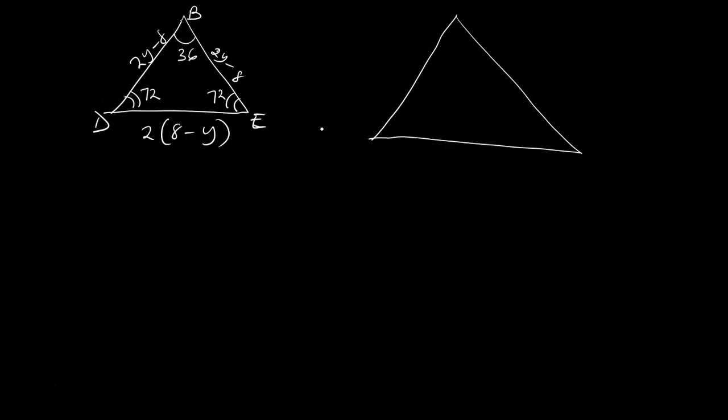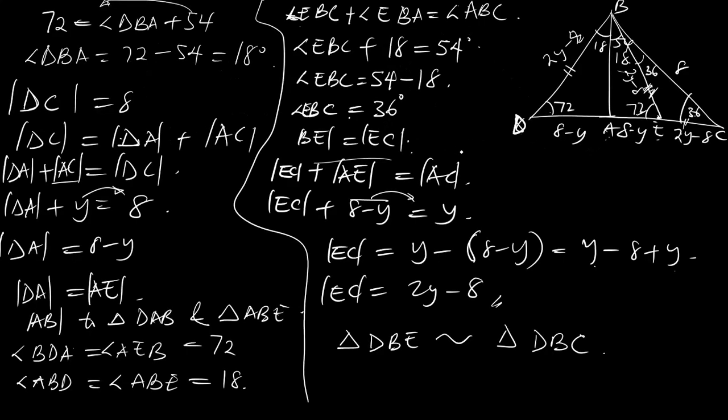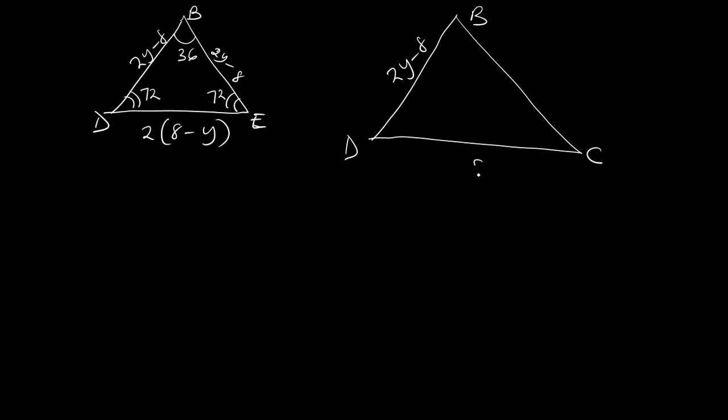Then the other triangle that we're considering that is similar, you have DBC. Here DB is 2Y minus 8. Then DC is 8. BC is 8. And here is what? 72. Here is also 72. And here is 36.